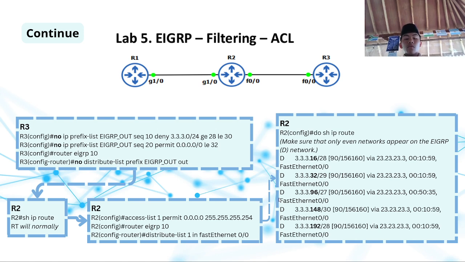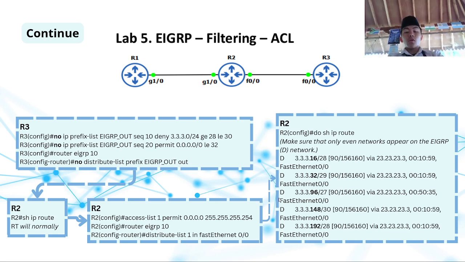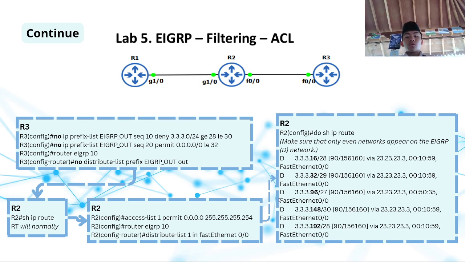So in practice, if you need detailed control, for example deny only /30 networks, you should use a prefix list. And if you just want basic filtering, access lists are enough.